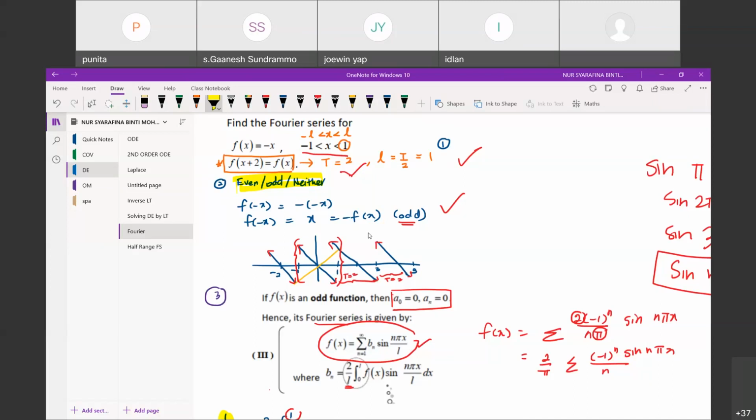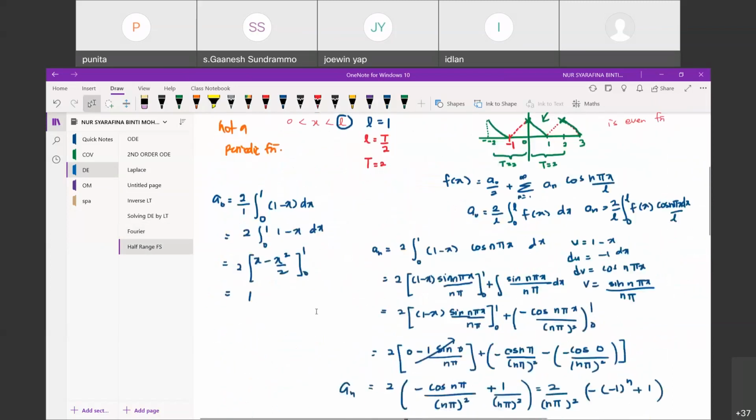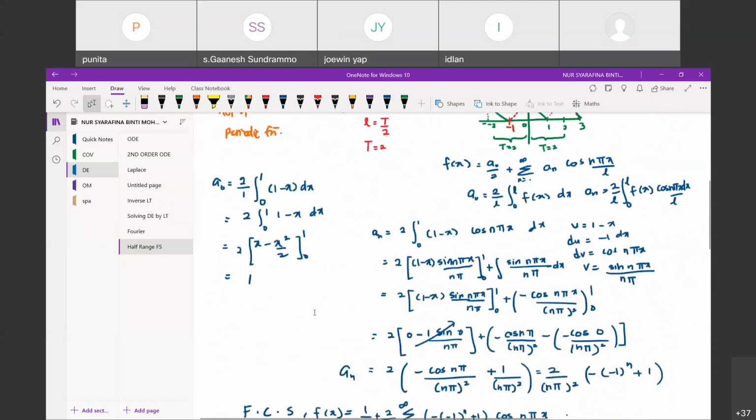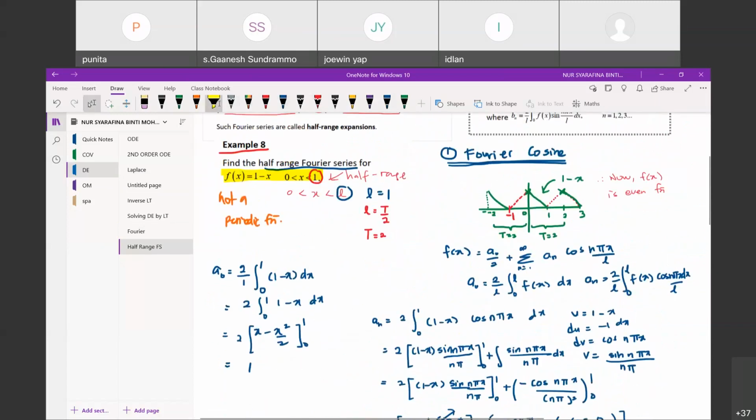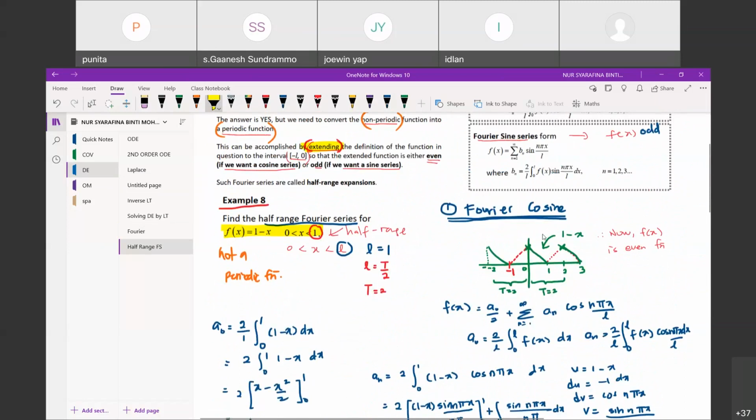How to locate T after extension? As you can see from here, you just take a look from the original point to the extended point.